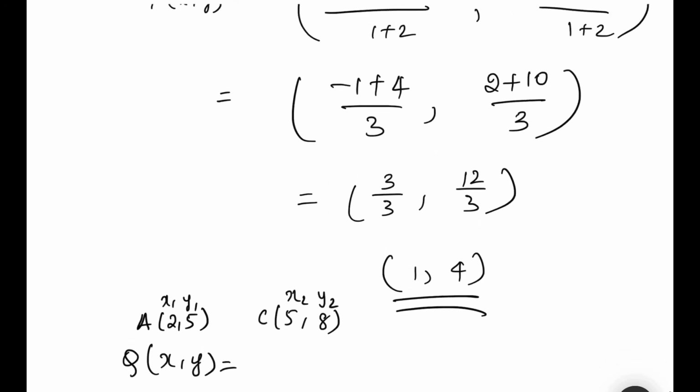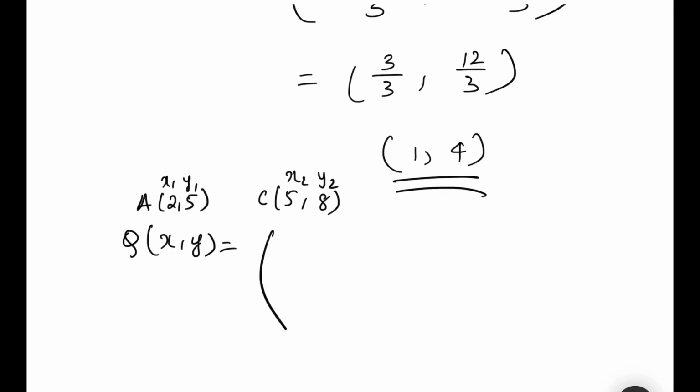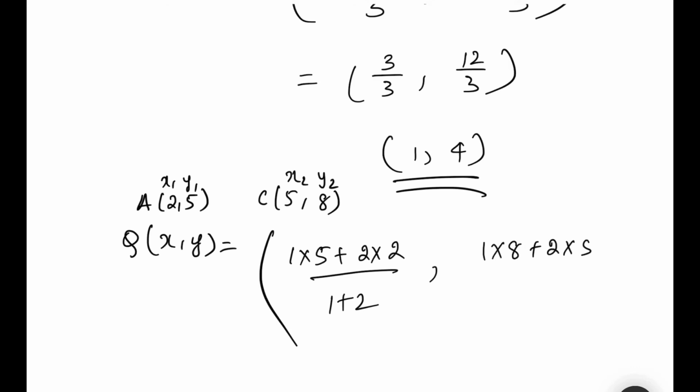So Q(x, y) will be equal to, ratio is same, (1 into 5 plus 2 into 2) by (1 plus 2). Similarly (1 into 8 plus 2 into 5) by (1 plus 2).